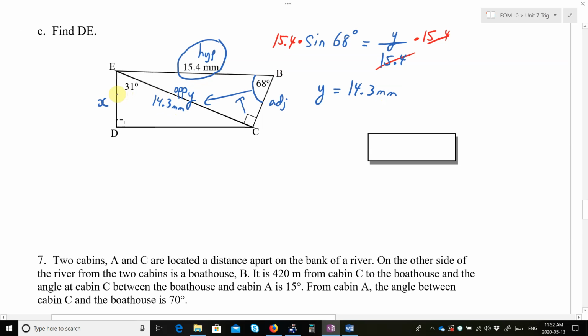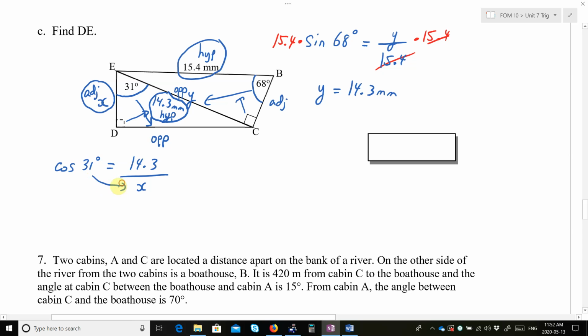And now we can work in this triangle and use this angle. Say this is the opposite side. Across from the 90 is the hypotenuse. So it's the hypotenuse in this triangle. And this side will be adjacent. So I'm looking for adjacent, and I have hypotenuse. That comes from cos. So cos of 31 degrees is equal to 14.3 divided by the adjacent x that we're looking for.